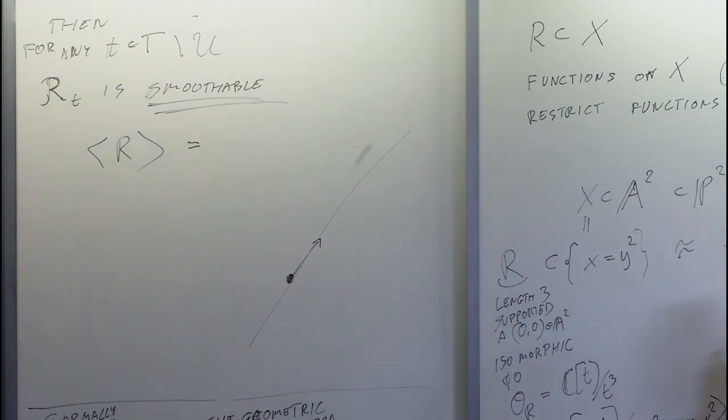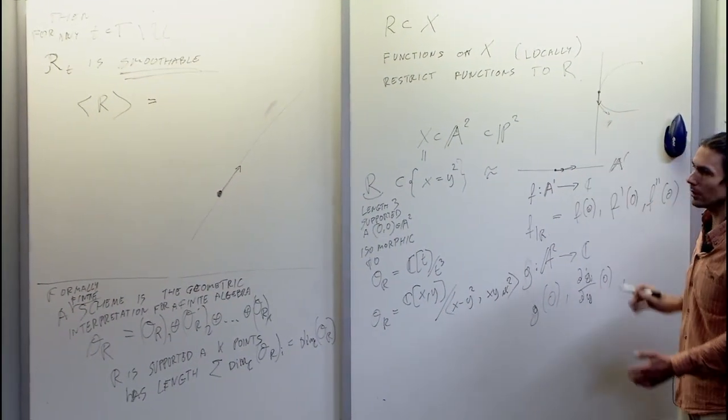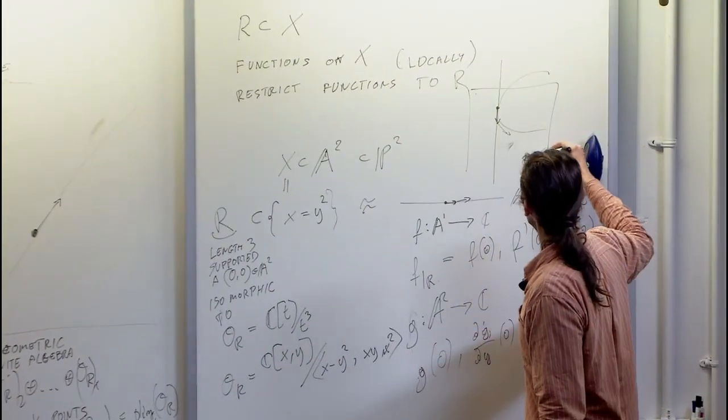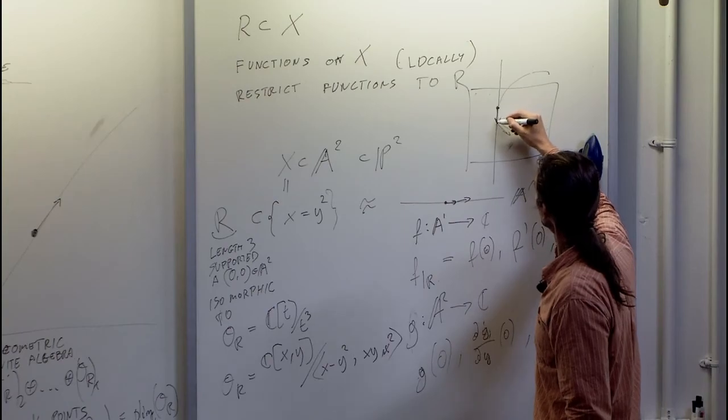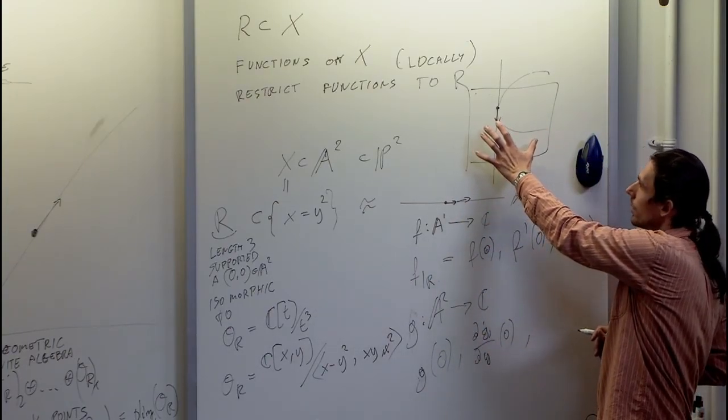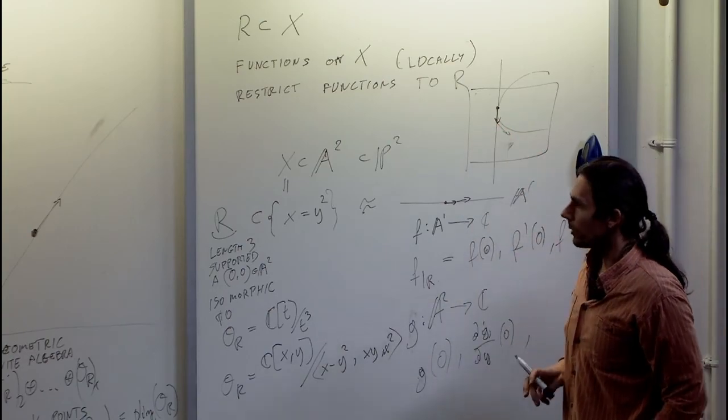Similarly, if I had this example here, which had information about the first derivative in this direction, and then a little bit twisted second derivative, then I can't have it contained in a single line. I really need a plane for that. So the linear span of this scheme is the plane that contains the parabola.